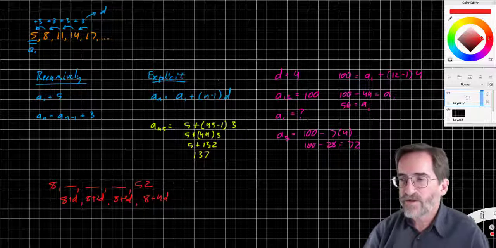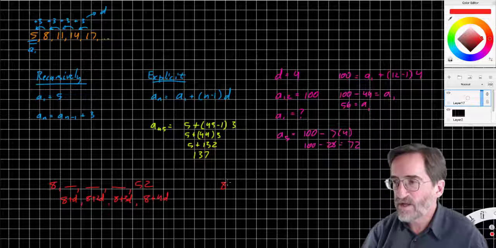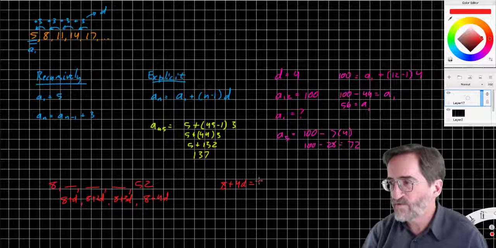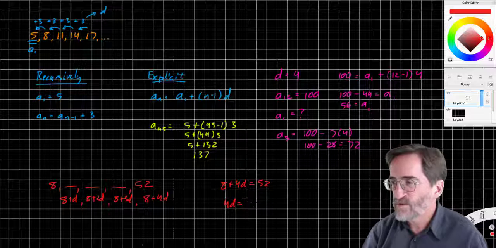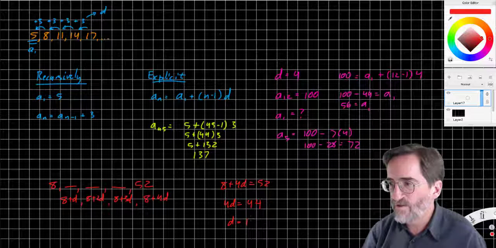Let's write an equation that says that 8 plus 4d equals 52. Subtract 8: 4d is 52 less 8, which is 44, and divide by 4, the common difference is 11.